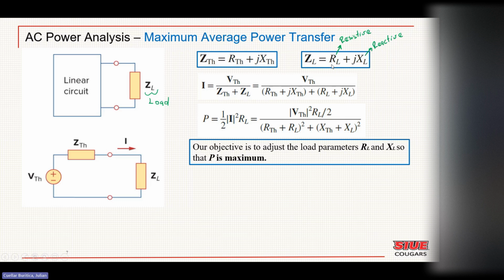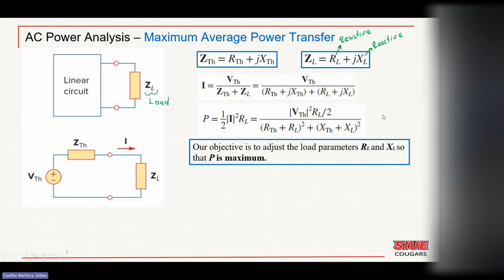What is going to be the best RL value and jXL value that is going to provide the maximum power? Then, if you recall from calculus, how do you get the maximum of a function? You take the first derivative and you make that derivative equal to 0. And when you do that, you will get the values that will provide you the maximum of that function.